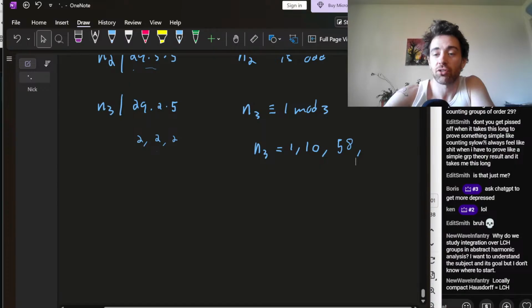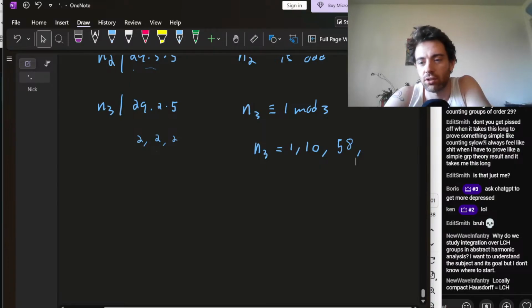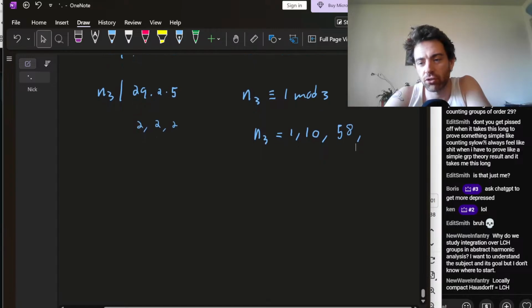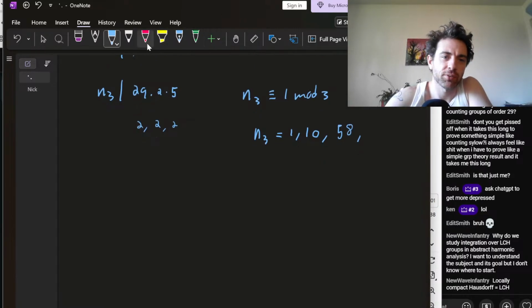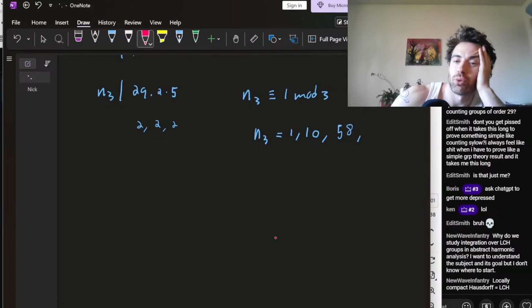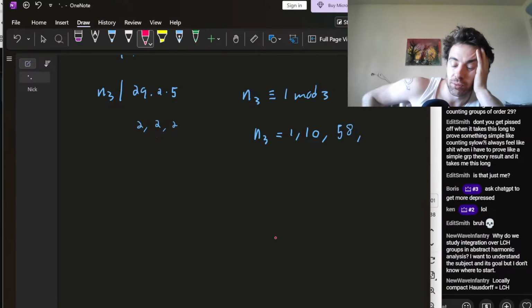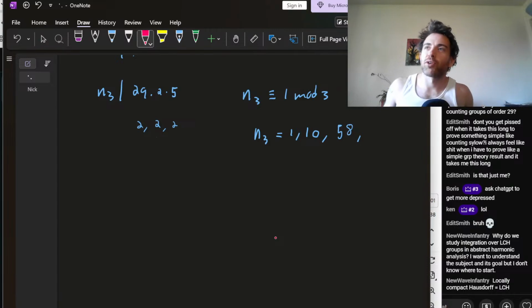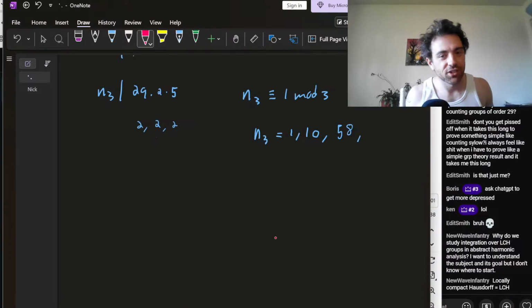Locally compact Hausdorff. Oh, okay, I'm not used to such luxuries as assuming Hausdorffness. So, we'll take it as given that we like groups. We think groups are interesting. We want to study groups. We're trying to classify groups.